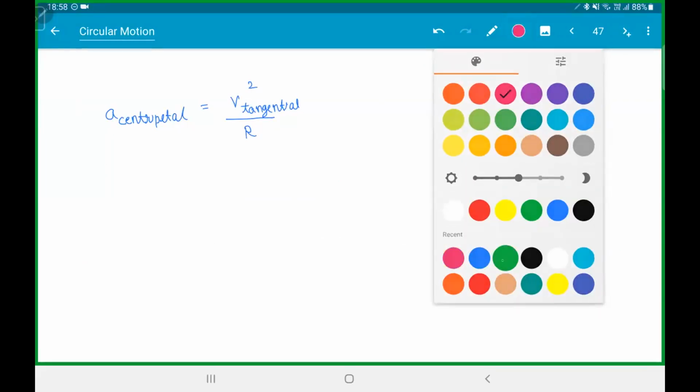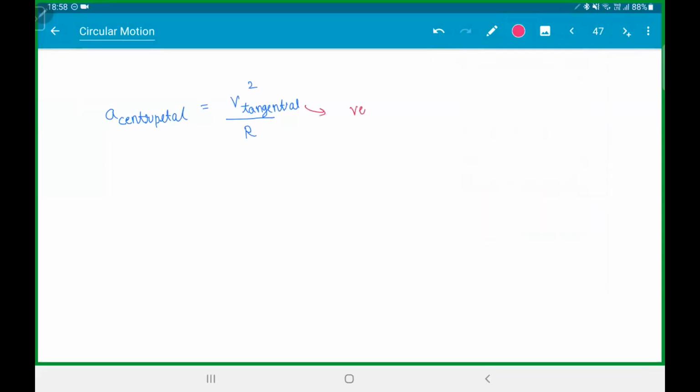So this V tangential is tangential velocity as seen from the center. It is not in the ground frame. Tangential velocity as seen from the center of the circle.